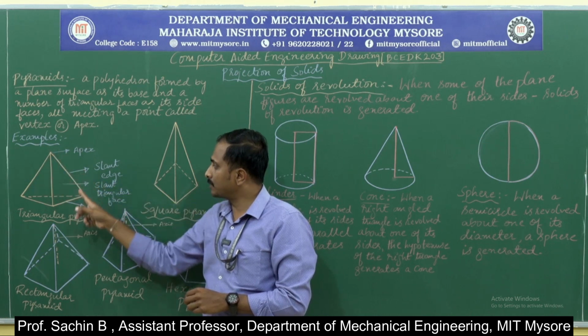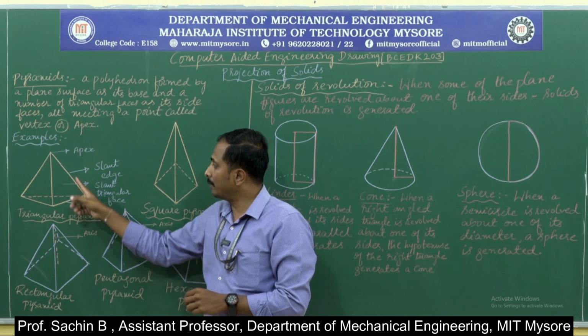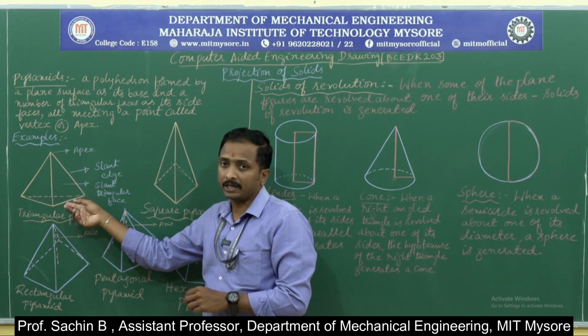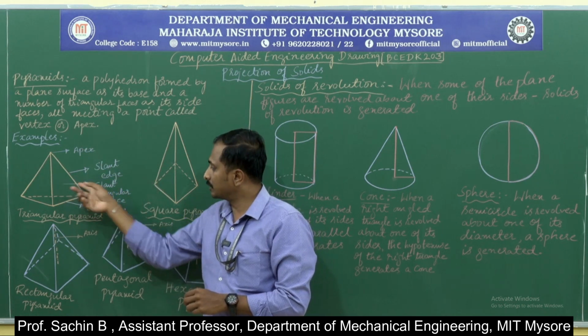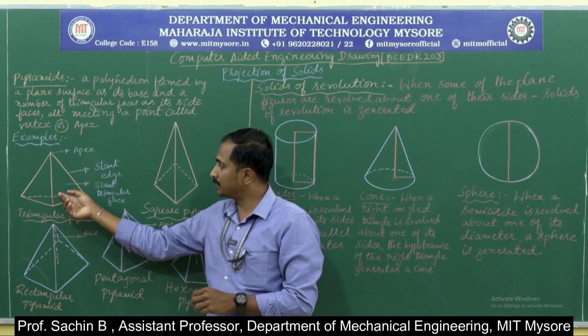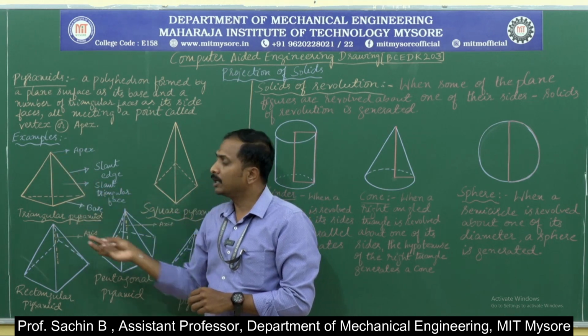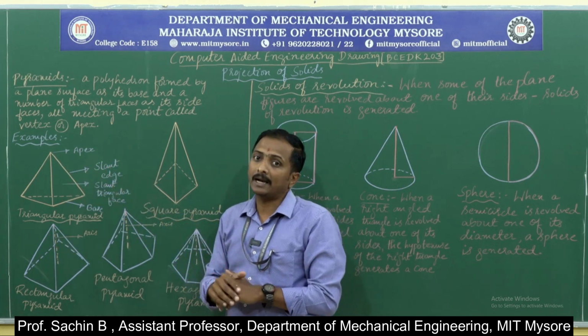Here, from the apex to the base edge we have the slant edge, and the side that is bounded from the base to the apex is called the slant triangular face. Here one base is present, one apex is present, and three triangular faces are present with three slant edges.